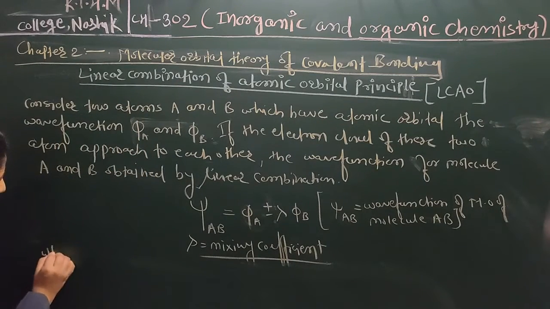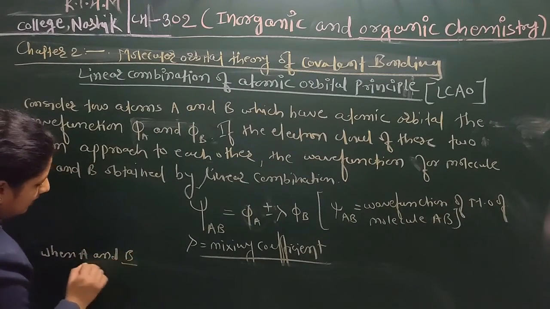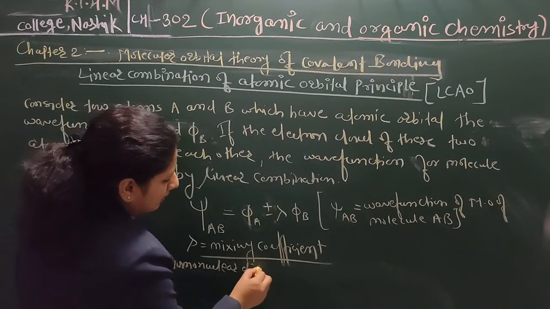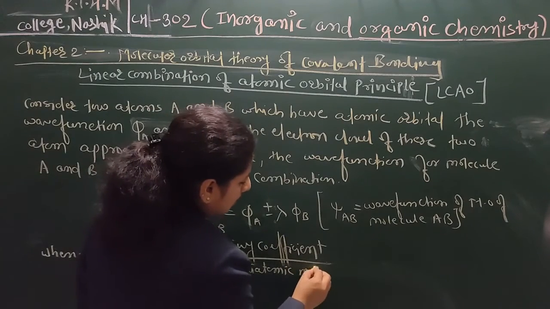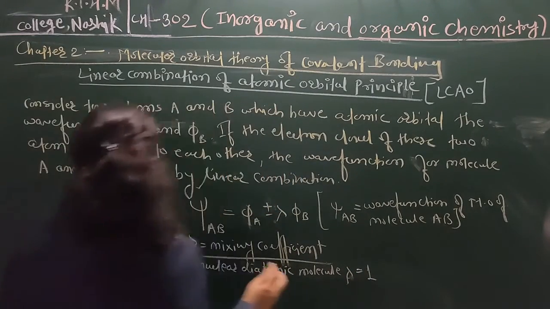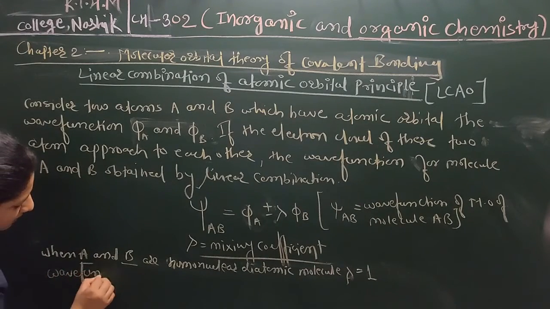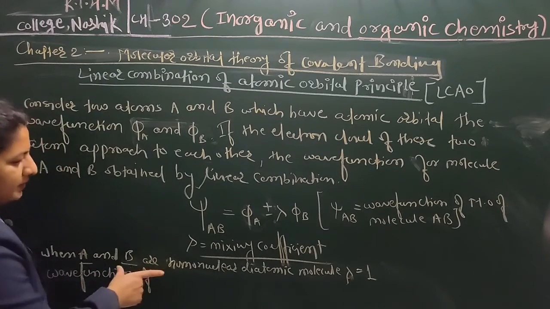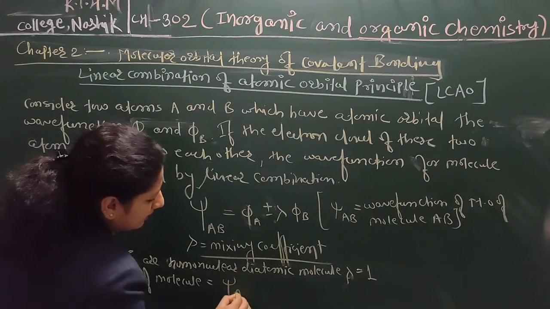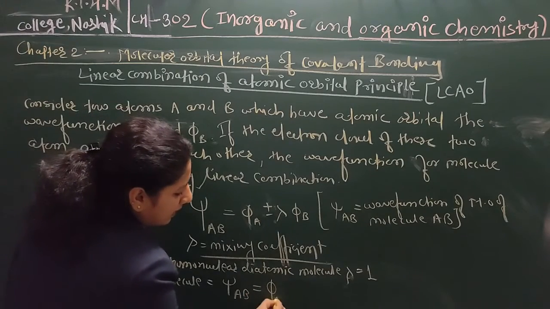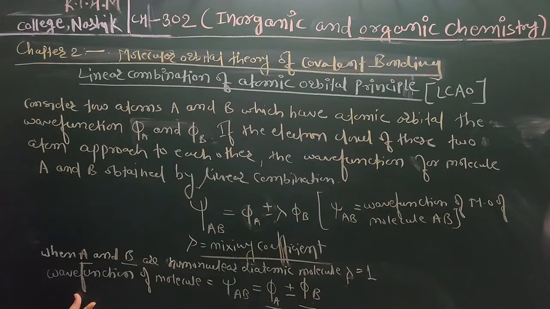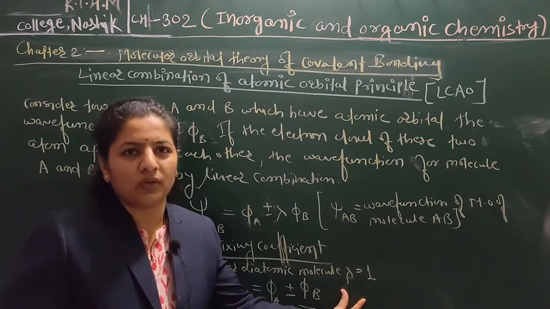Now, when A and B are a homonuclear diatomic molecule, lambda is equal to 1, and the wave function of the molecule can be written as psi AB is equal to phi A plus or minus phi B. So this is the form where the value of lambda is equal to 1 when there is a homonuclear diatomic molecule.